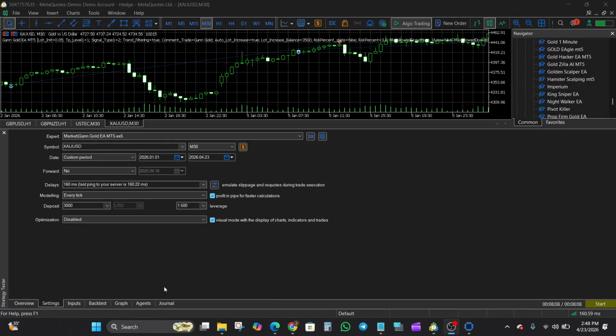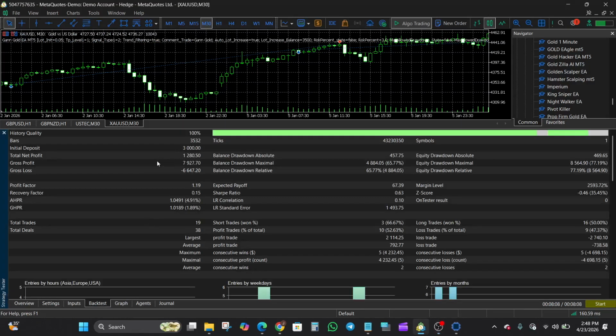So the results are out, and based on what we can see here, we had a total net profit of $1,280. So that's giving us, well, a little bit less than 50%, or perhaps a little bit above 40%, right? So we had 19 total trades, and 3 trades were short. Long trades were 16. Wow.